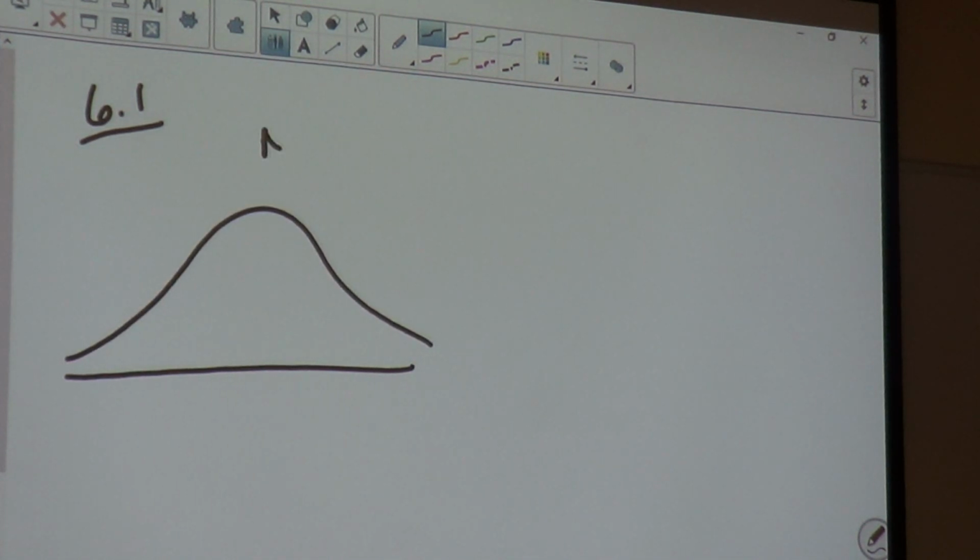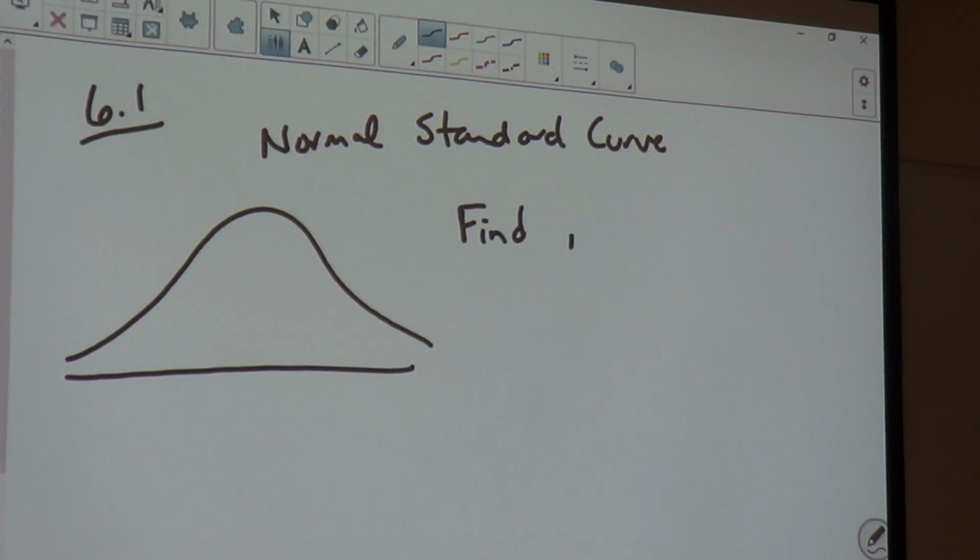Let's say it was a normal standard curve, and we want to find the probability that z is less than 0.78.